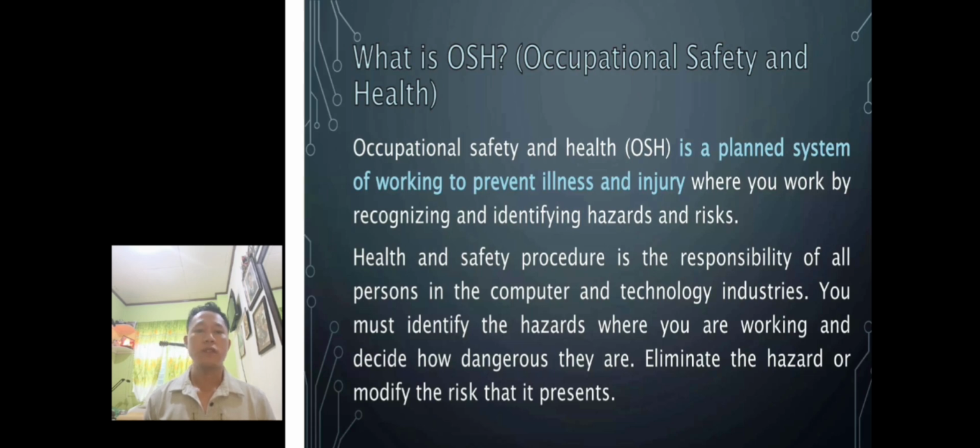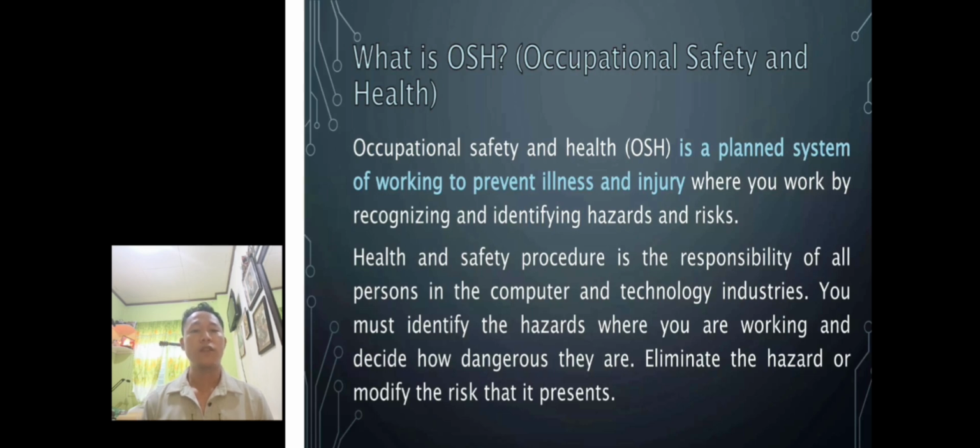OHS means it is a planned system of working to prevent illness and injury. OHS stands for Occupational Safety and Health. Health and safety procedure is the responsibility of all persons in the computer and technology industry.